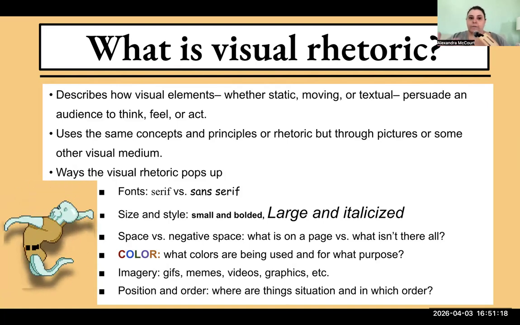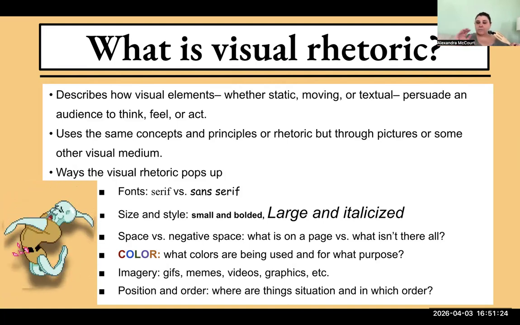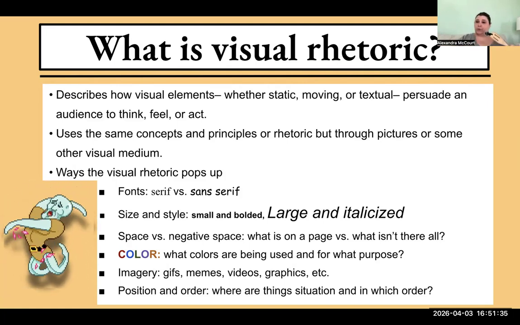So here are some of the ways that visual rhetoric tends to pop up. You can think about fonts. So you have serif fonts, which are meant to sort of mimic a typewriter, like Times New Roman, Garamond, or you have sans serif fonts, Comic Sans, Arial, the ones that are supposed to mimic handwriting.